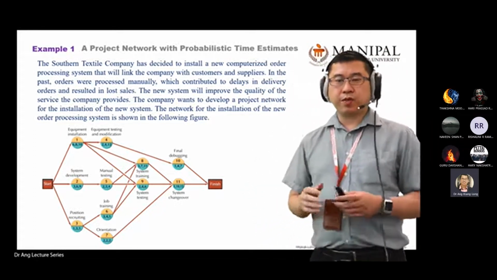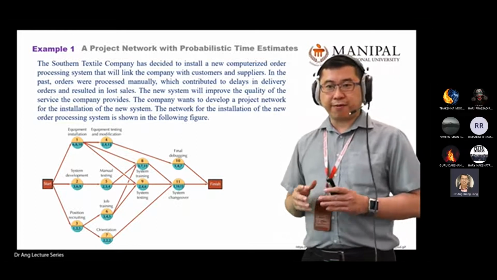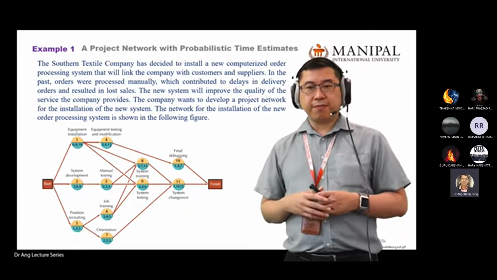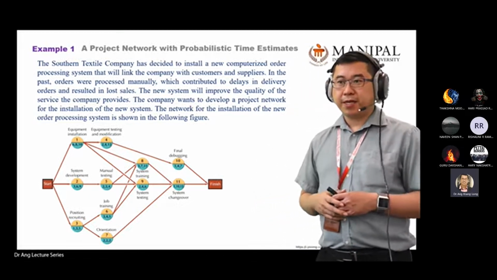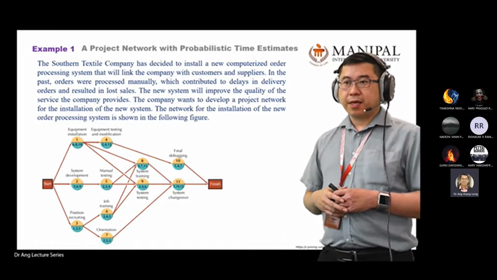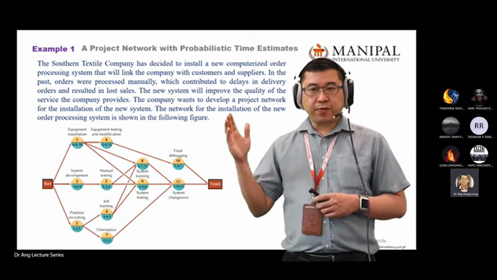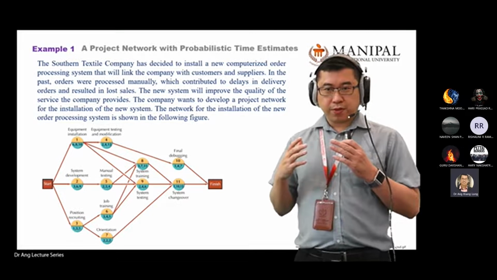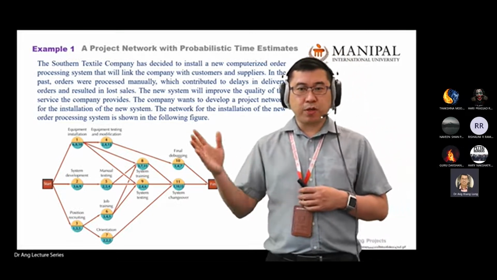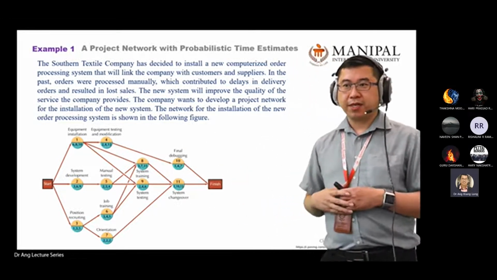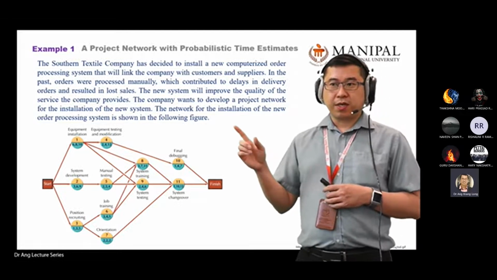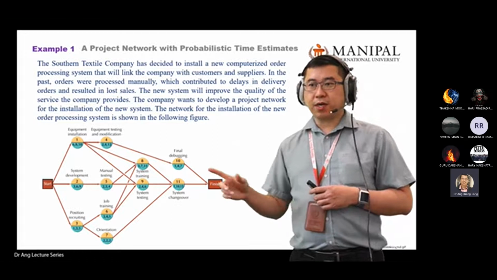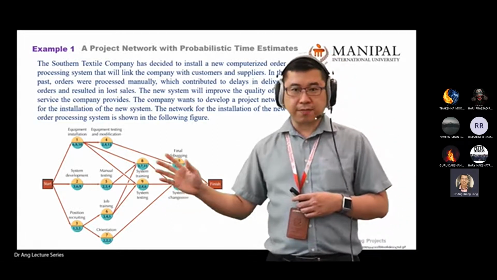They want to develop a new system for their factory, and they want to see whether the new system that you design will be able to work better than their old system or not.